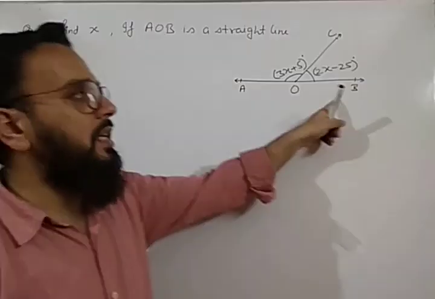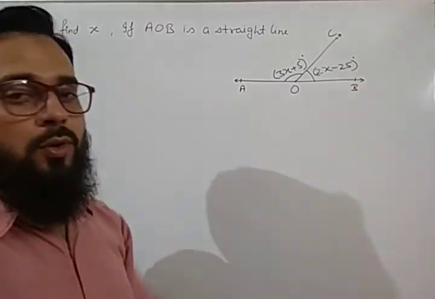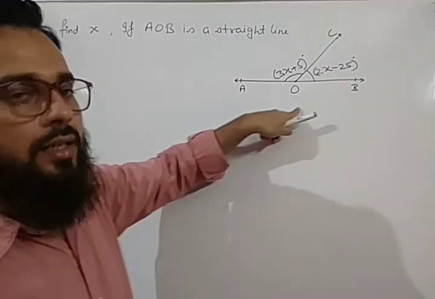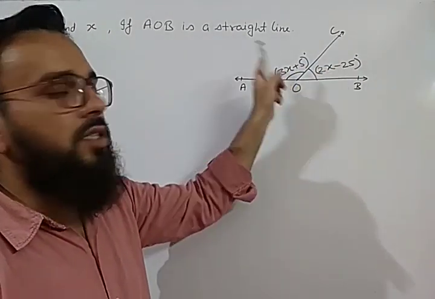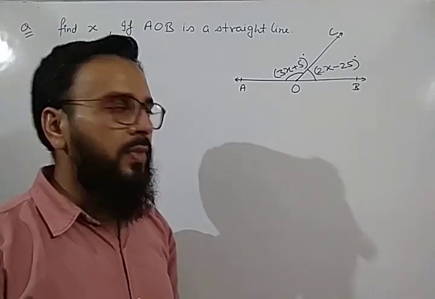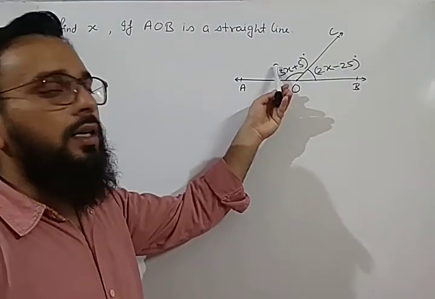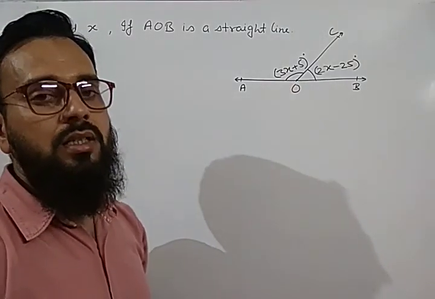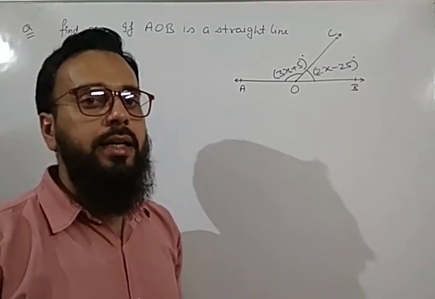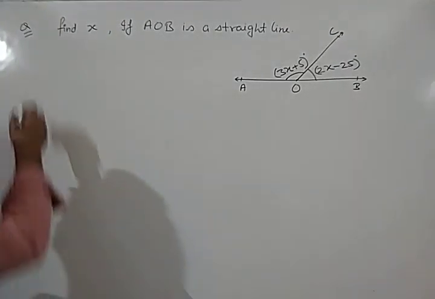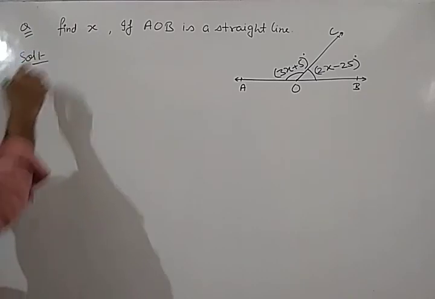So if AOB is a straight line, then we know that the sum of the angles on the straight line is always 180 degrees. Or we can say these two angles are a linear pair, and the sum of a linear pair is always 180 degrees. So it is a very simple question. So let us solve it. What will we write here?